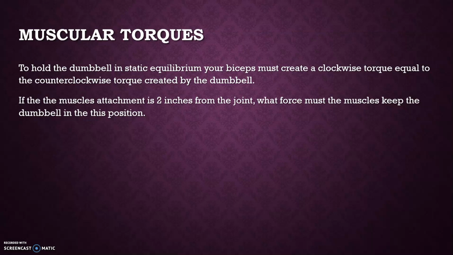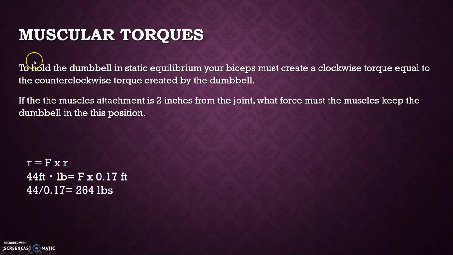To hold that in equilibrium, your biceps must create a clockwise torque to equal the counterclockwise torque created by the dumbbell. So if the muscle attachment is only 2 inches from your joint, what force must the muscles create to keep the dumbbell from moving? Remember, 2 inches has to be turned into feet.